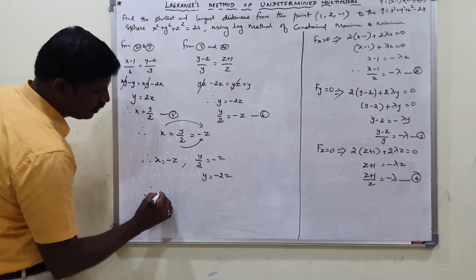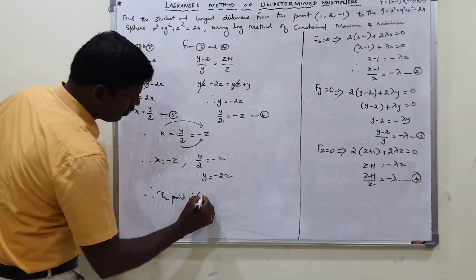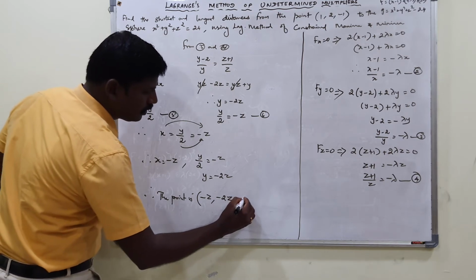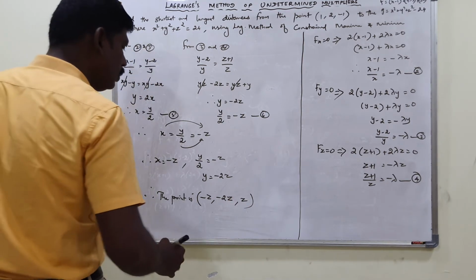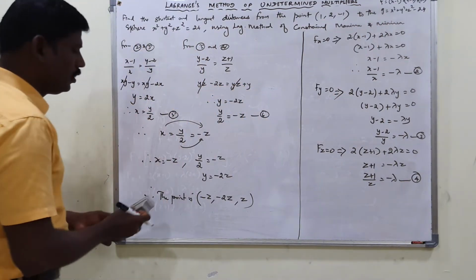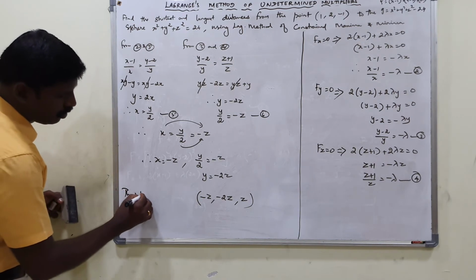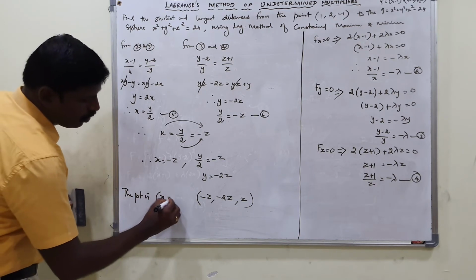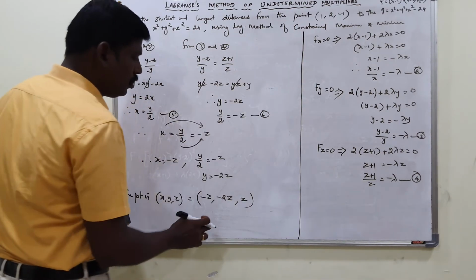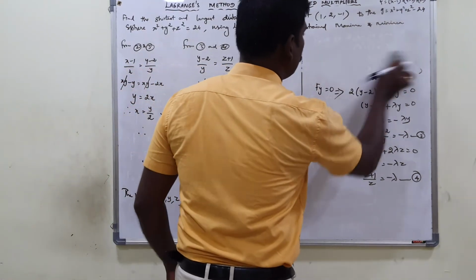Therefore, the point is what? X is minus z, y is minus 2z, and z is z. So this point lies on this pair, isn't it? The point is x comma y comma z. So this point lies on this pair. So this point satisfies the given equation, okay, right?